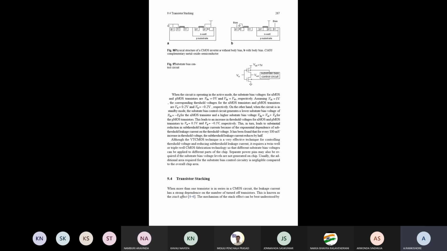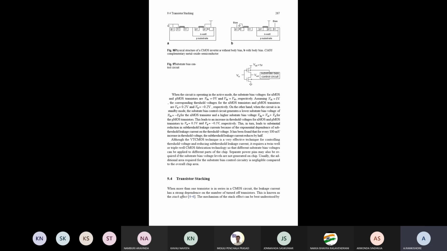So to place a substrate bias control within the circuit, we require additional placement to maintain these variable threshold levels for every MOS transistor used in the design, and it will also be helpful to reduce the subthreshold leakage current.